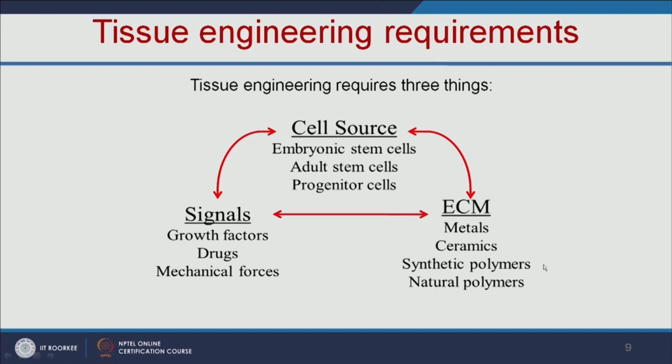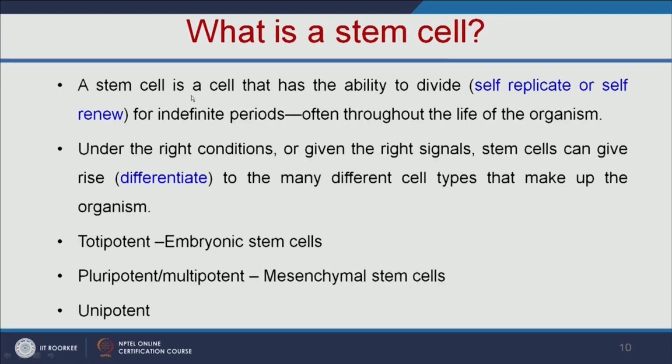Depending on the application, you have to select the ECM. And the third one is signals or growth factors. These growth factors decide what kind of cells it is going to differentiate into. Also, for some tissues we have to apply mechanical force, and this mechanical force also plays a major role in differentiating the cells. So let us see one by one.